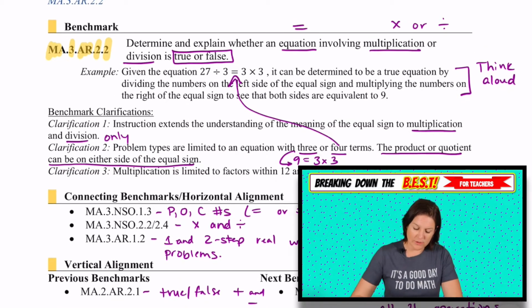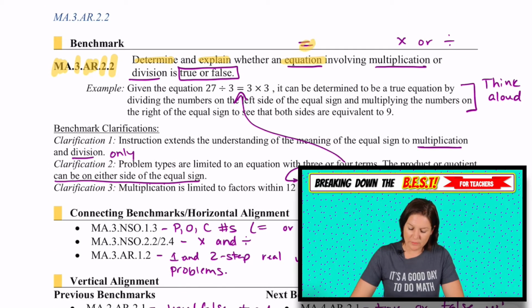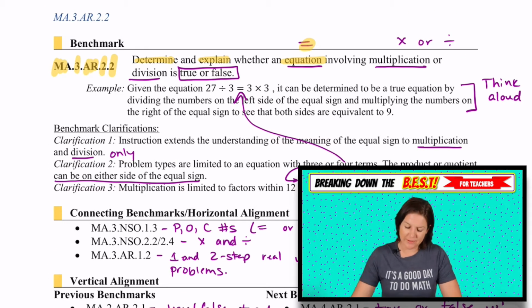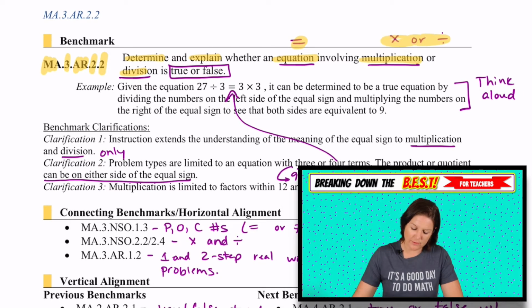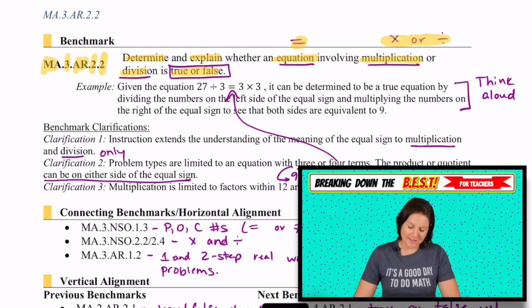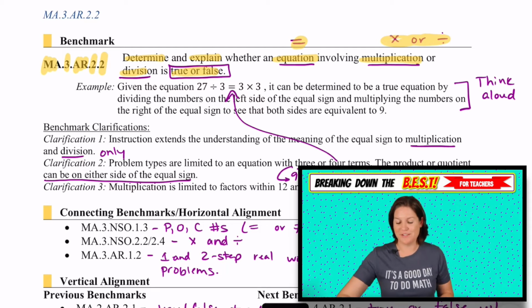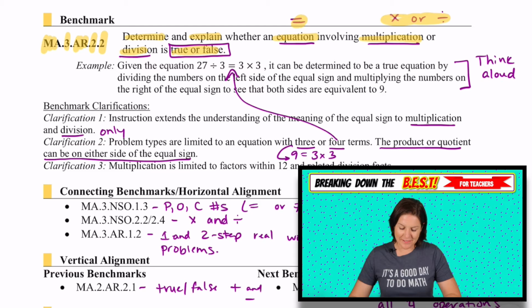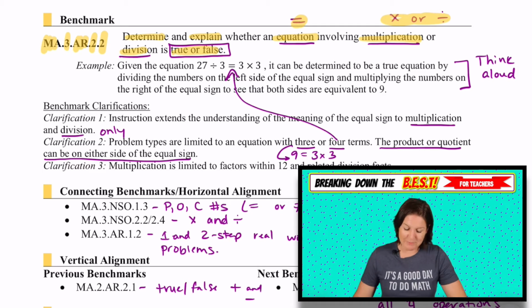This standard says to determine and explain whether an equation, which means there's an equal sign present, involving multiplication or division is true or false. Love this. I actually got really pumped when I saw this standard when I was analyzing these many moons ago.